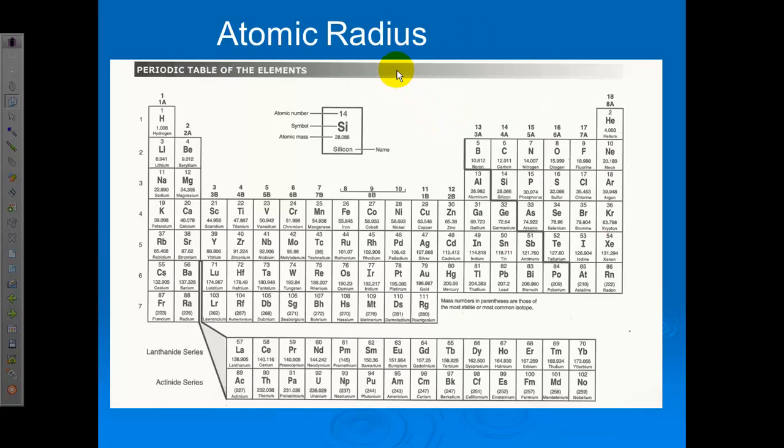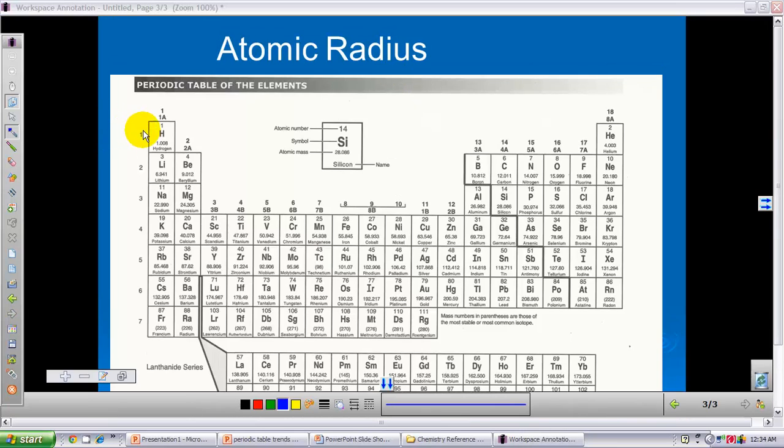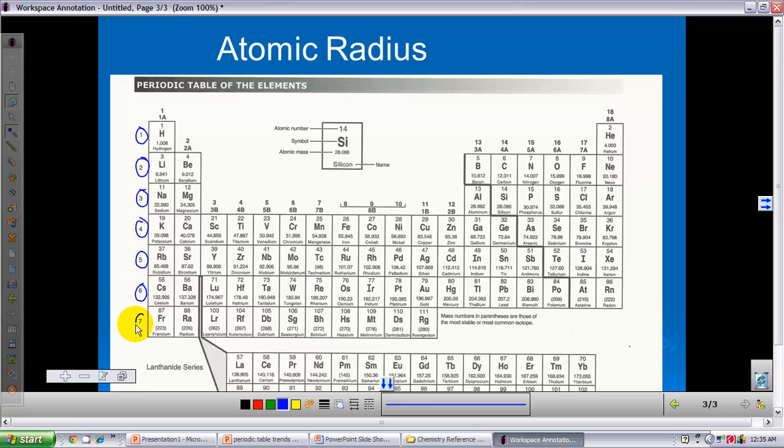Let's look at the atomic radius and what we think the trend will be. We can predict some things here. If you look over here, when you look at each period on the left, each period adds an energy level. If you look at the Bohr diagram, here's your nucleus, here's 1 energy level, 2 energy levels, 3 energy levels, 4 energy levels, and so on.